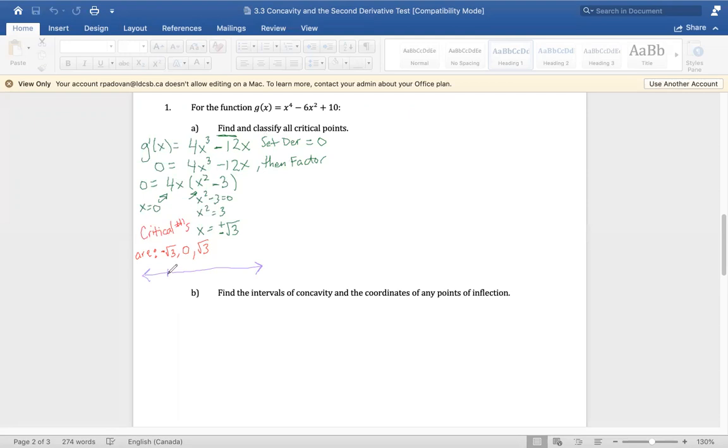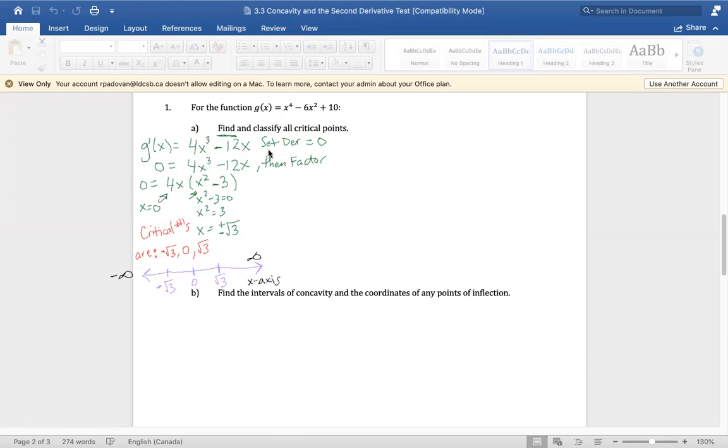So I have the negative square root of 3, which is around negative 1.73. Then we have 0, and then we have the positive 1.73. We have positive infinity here, negative infinity on this side, and this is obviously our x-axis.